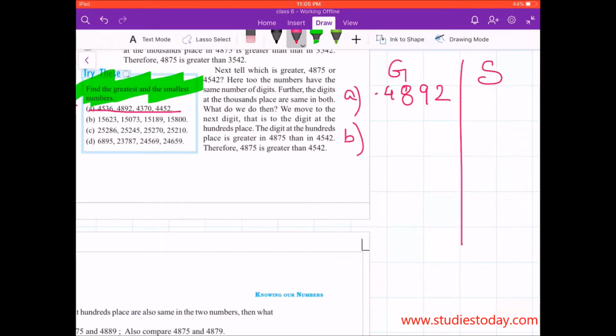In the second question, we can see that all the numbers are the 5-digit number and the greatest number will be 15,800. Okay? So you have to check the natural number in counting. Again, as we move forward, see, the complexity of the question increases because here the first 3 digits in all are same.